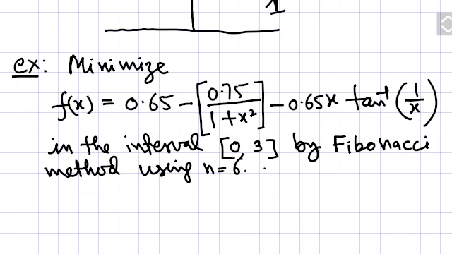You have to minimize the function, or you can say find the interval in which the minimum is falling. In this method it is called the number of experiments, or iterations in simple language. So 6 iterations you have to do. In these types of questions you will be told when to stop, otherwise there is no limit.